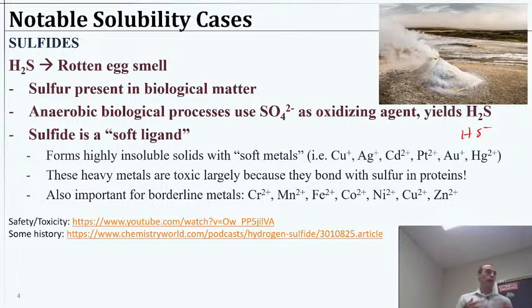And part of the reason why these heavy metals are toxic is because they tend to complex with sulfur that's doing something else in our biology, right? And so if the sulfur was supposed to be helping in some other way or participating as part of a protein or something, and suddenly one of these heavy metals comes along and attaches to it, suddenly you've just ruined the function of that biological molecule.